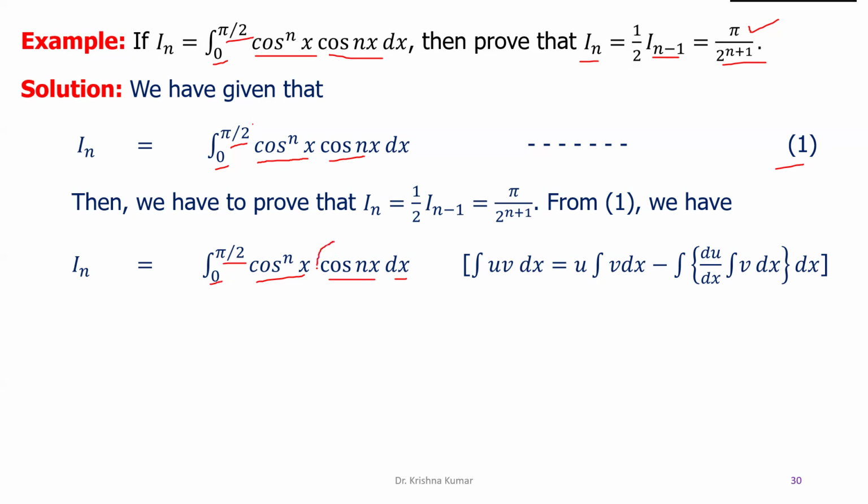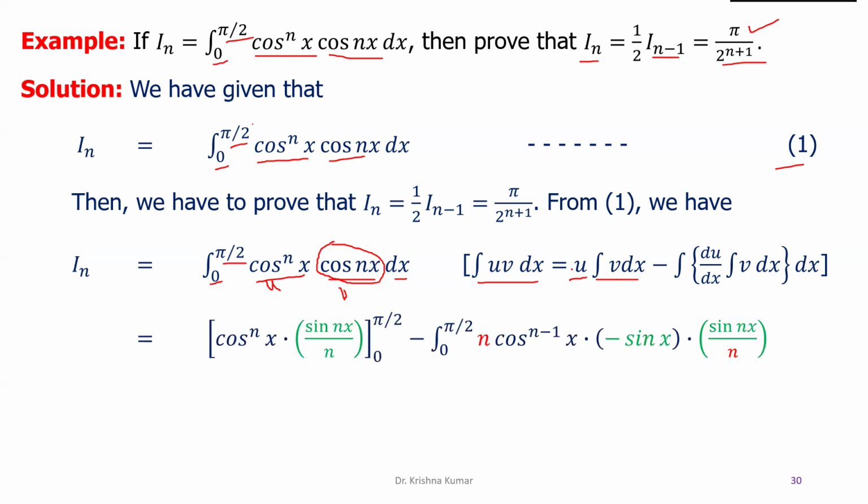Now we know the integration of cos nx, so we can directly use integration by parts, using the formula: integration of uv with respect to x is equal to first function u times integration of v with respect to x, minus integration of the derivative of u with respect to x times integration of v dx, whole integration with respect to x. So cos^n x is u, and this is v.